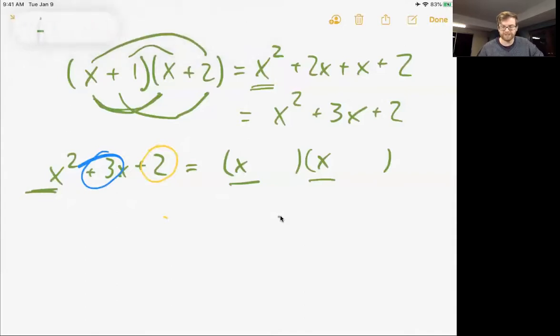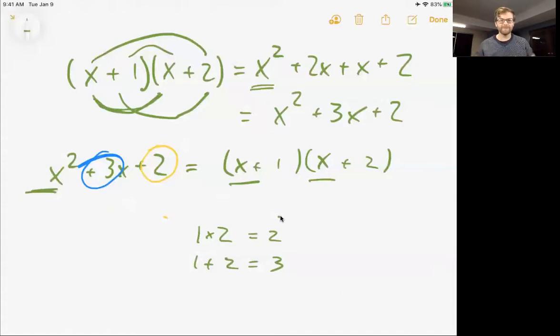We just did this one, so we know exactly what the answer is, but as it turns out, 1 multiplied by 2 equals 2, and 1 plus 2 equals 3. And I'm just going through this so that you know what to expect as we go into our next problem.